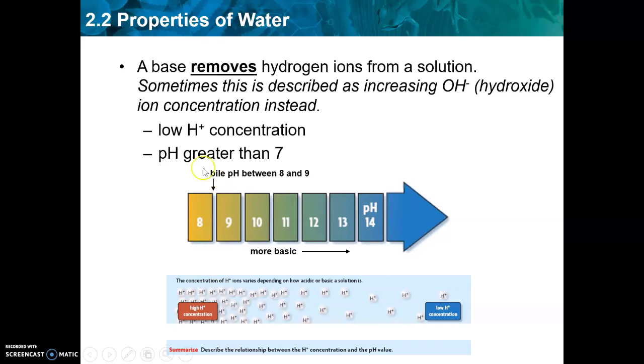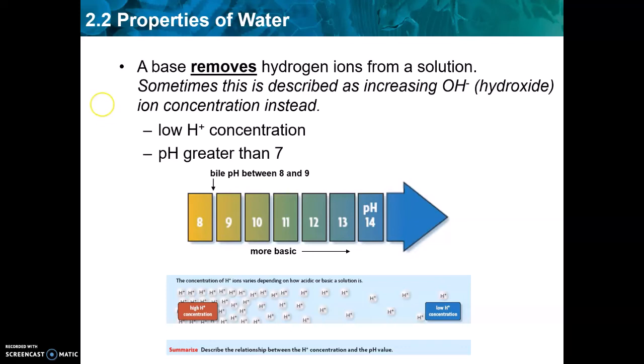Now you'll see on this slide, it says sometimes this is described as increasing OH minus, which is called hydroxide, increasing OH ion concentration instead of removing hydrogen ions. So I don't mean for that to confuse you, but it is a different way to define a base, and you will see this from time to time.